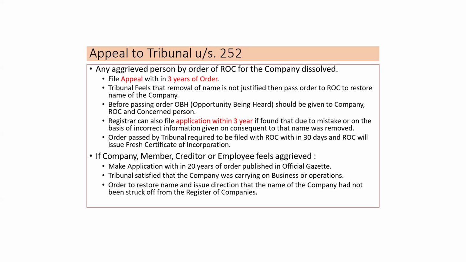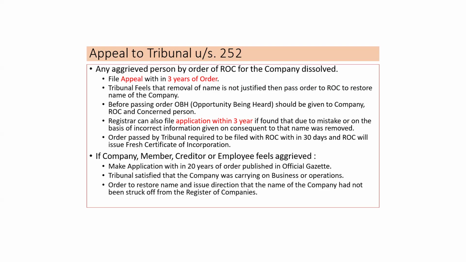Section 252, appeal to the tribunal. Any aggrieved person by the order of the ROC for the dissolution of the company may make an appeal to the tribunal. They have to file the appeal within 3 years of the order, and if the tribunal feels that the removal of the name was not justified, then it will pass the order to the ROC to restore the name of the company.